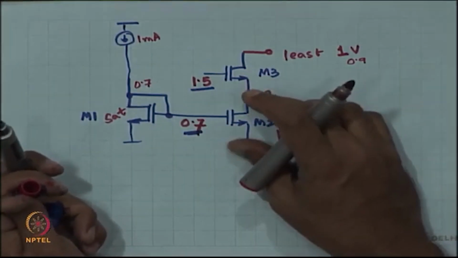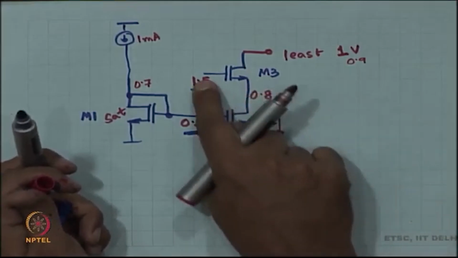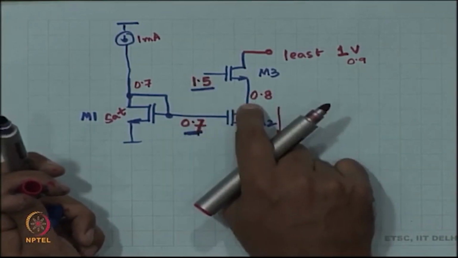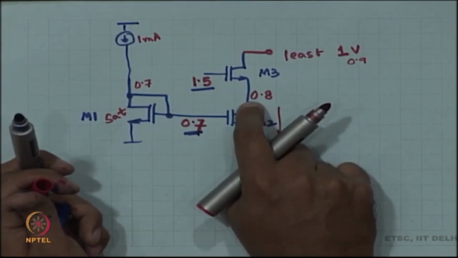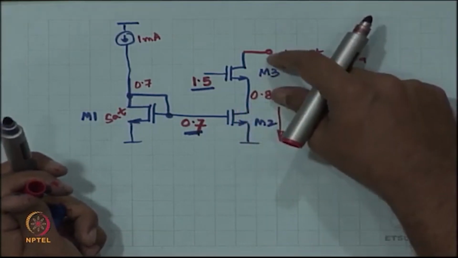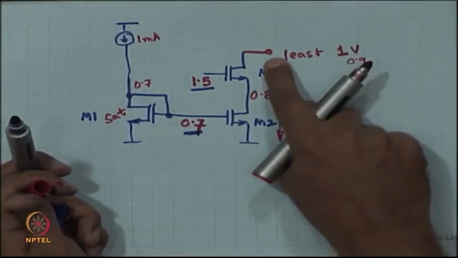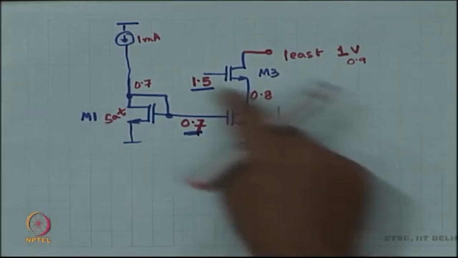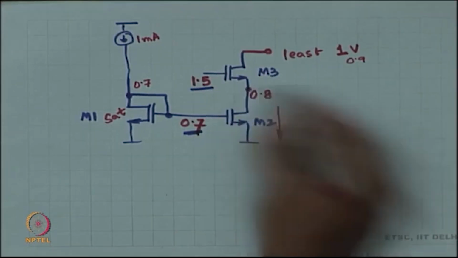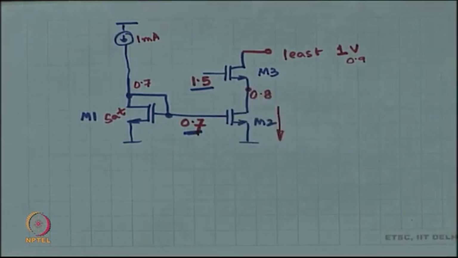So, it is still conducting 1 milliampere. This I have given a little more margin, I have increased it to 0.75 as opposed to 0.7, and over here VDS is now 0.9 minus 0.8, so 0.15. Okay. So, they readjust. So, the source drops in voltage a little bit.